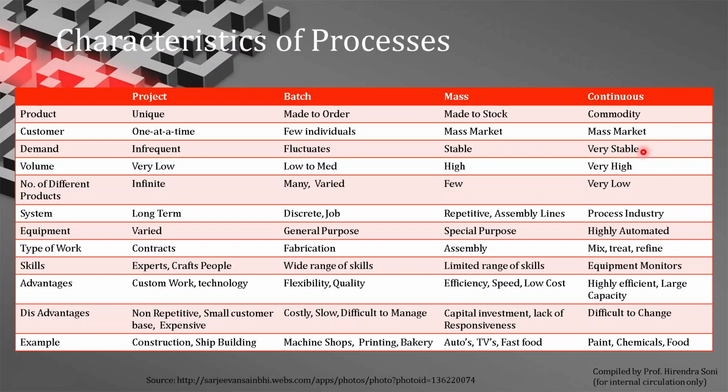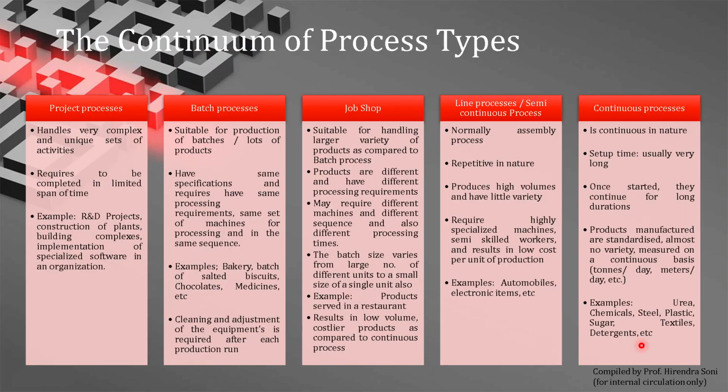Okay, the demand is quite stable, volume is very high, number of different products is very minimal, and again here also it's very capital intensive. Processes are quite efficient but with large capacity. Examples: paints, chemicals, food. We also talked about petrol and diesel.